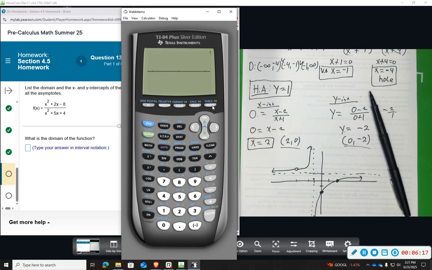And we are going to graph. I'm still way zoomed in on a different part, so I'm going to go zoom 6 to give me the standard viewing window.